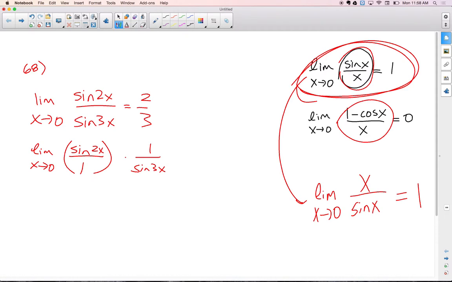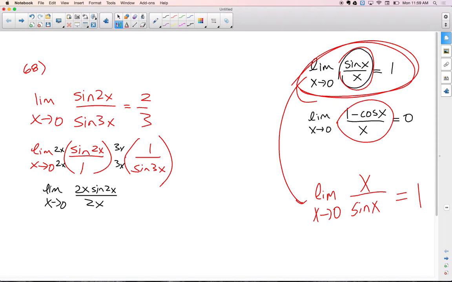Just split it. For the first one, I need a 2x on the bottom, so I multiply top and bottom by 2x. Here, I need a 3x on top. Then you get the limit as x approaches 0 of 2x times sine 2x over 2x.